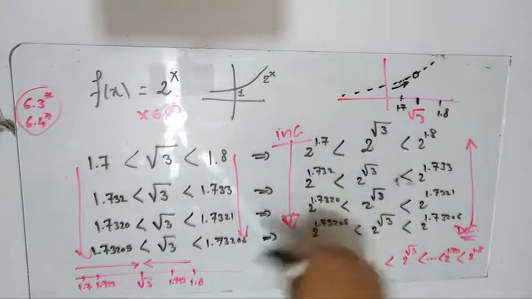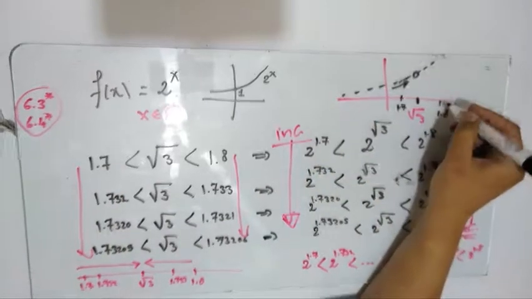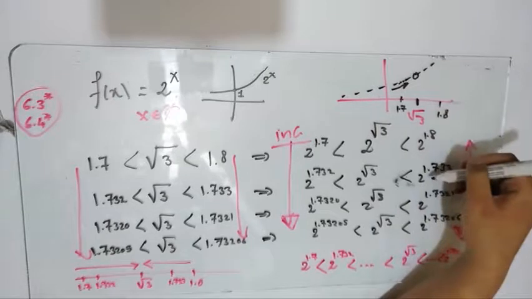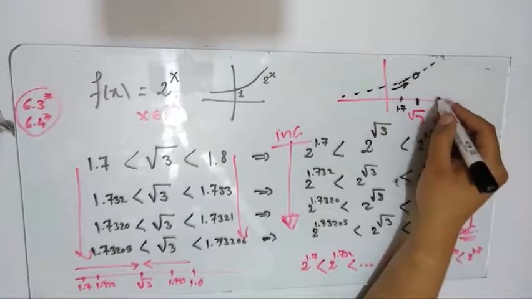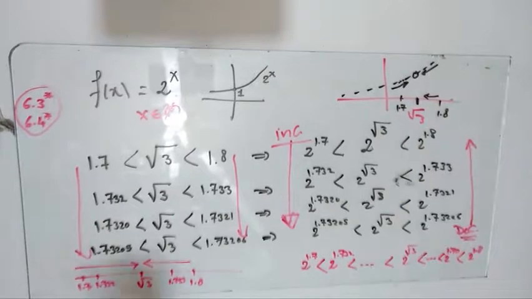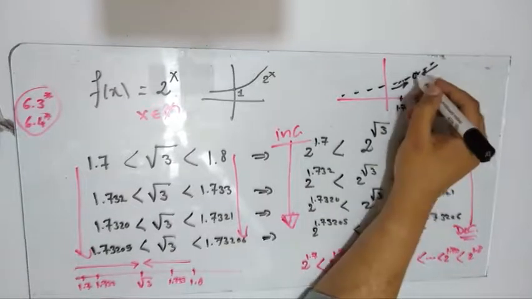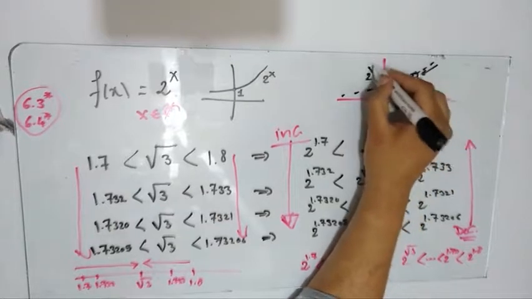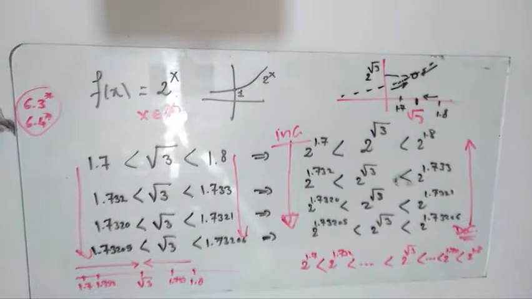The images of these values go this way, and also 1.8, 1.733, going in this way. So you can think about 2 to the power square root of 3 as a limit.